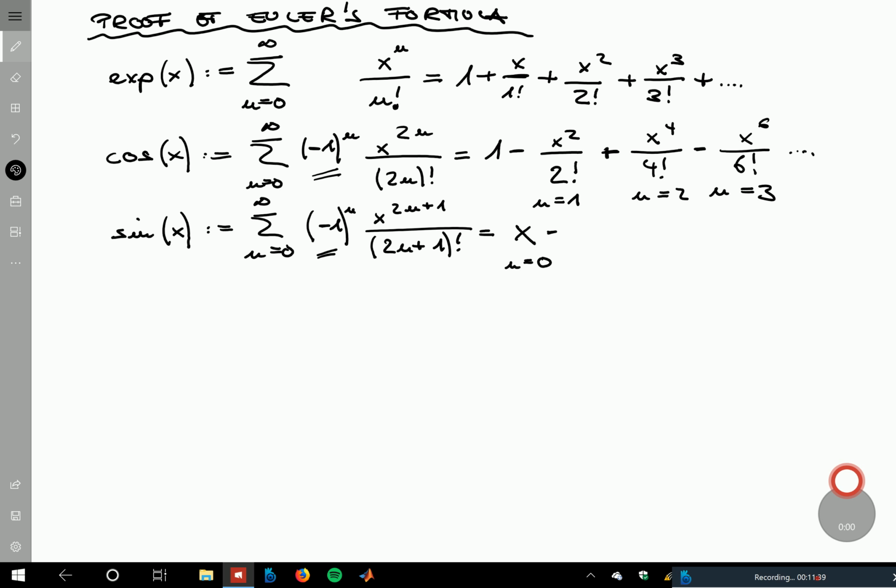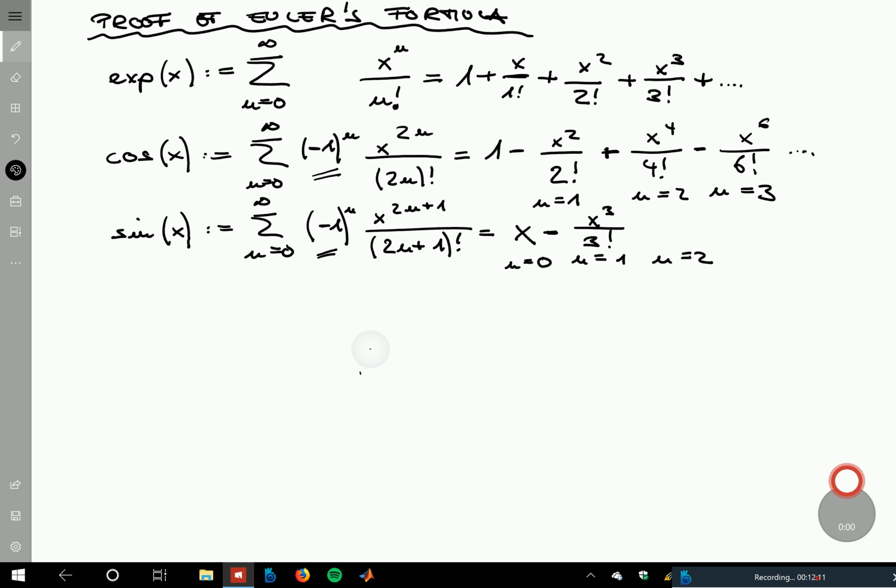And then if n equals 1, we have minus 1 to the power of 1, which is minus 1. So we have a negative term, and we get 2 times 1 plus 1, so that's 3. So we have x to the power of 3 divided by the factorial of 3. And then let's do the next one, so that you see this alternating sign.